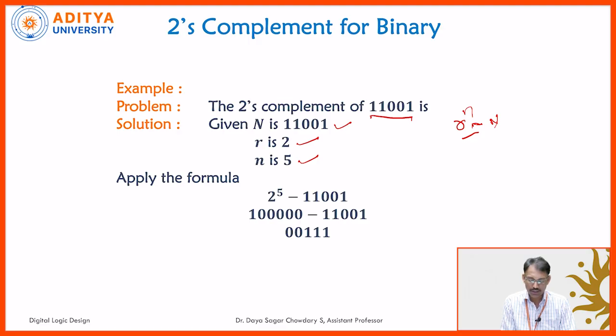So 2 to the power of 5 is 32. So 1000000 is the representation for 32 in binary, and this is the binary 11001, that is the given data. And finally, if we subtract this from this, we will get the result 00111. So this is the 2's complement for the binary.